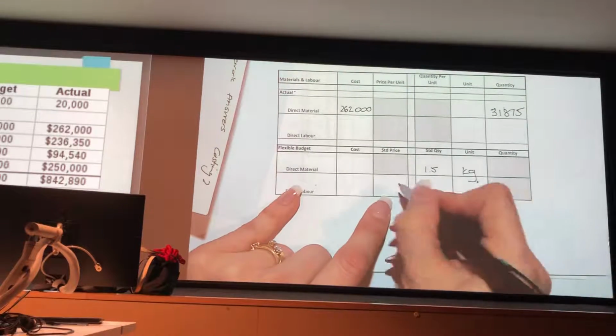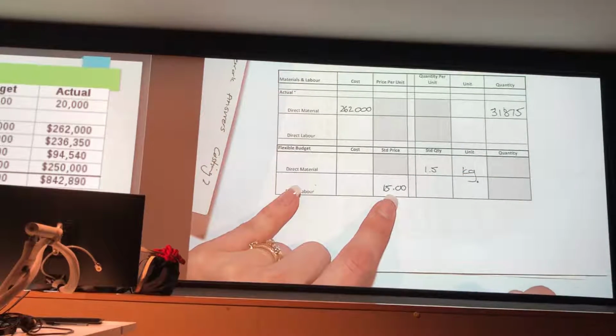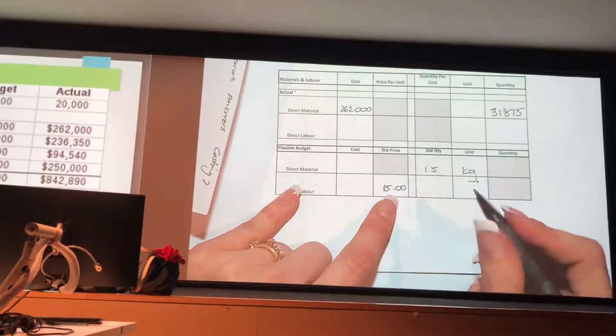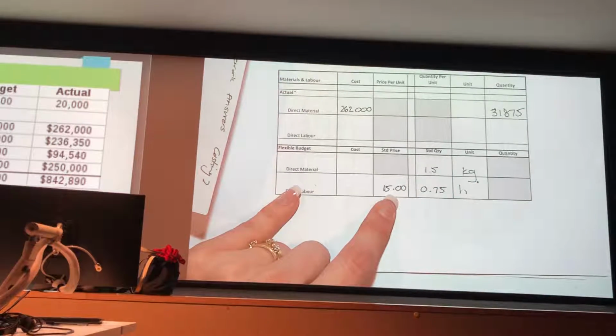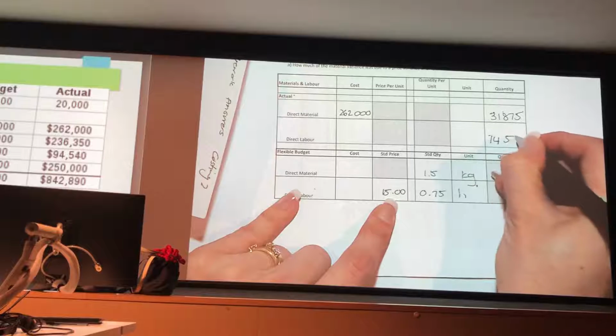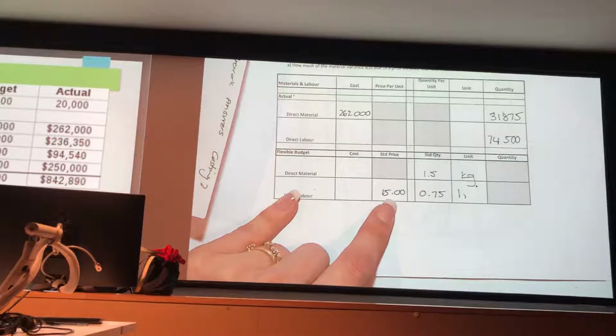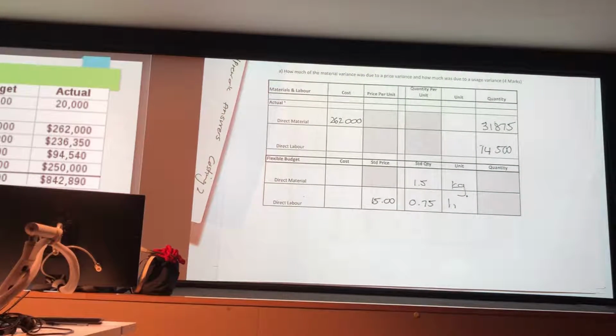Standard labor cost was $15 per hour. But the budgeted time per unit was 0.75 hours. 14,500 hours was actually booked against the work. And from this, you can fill out all the other boxes.